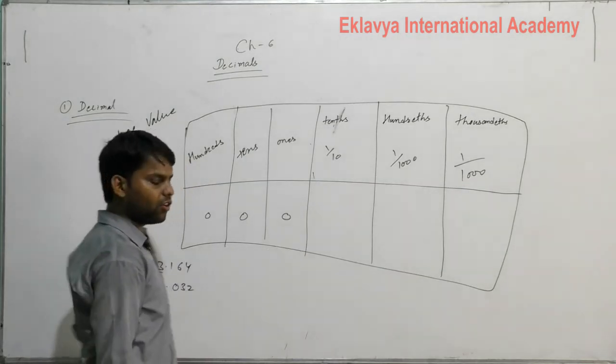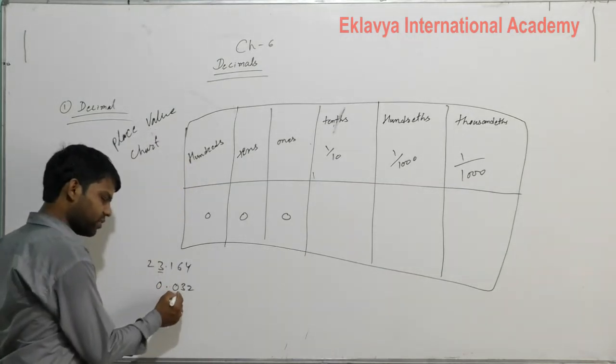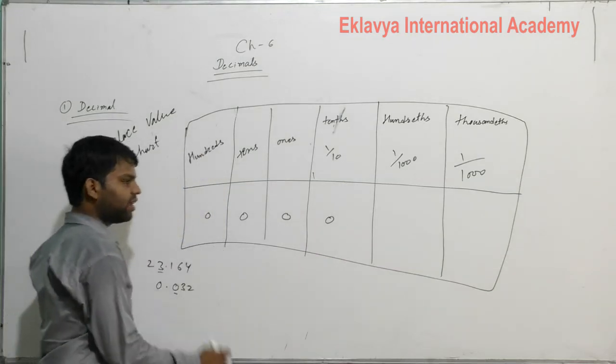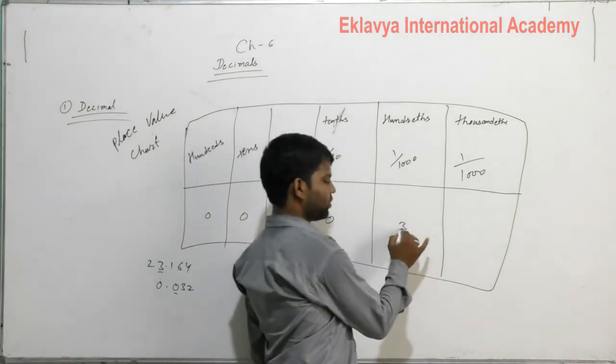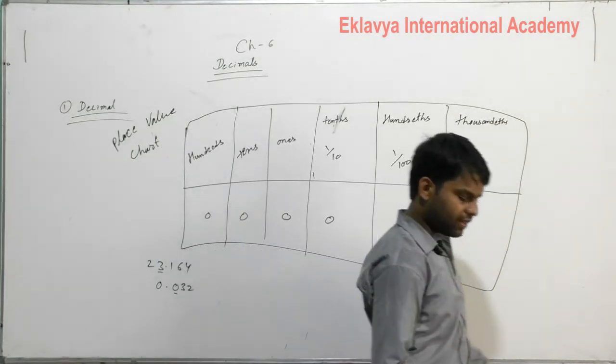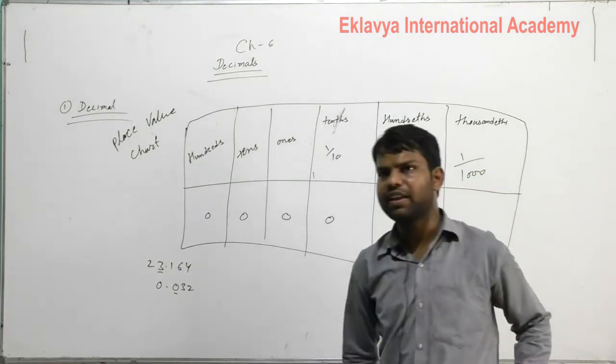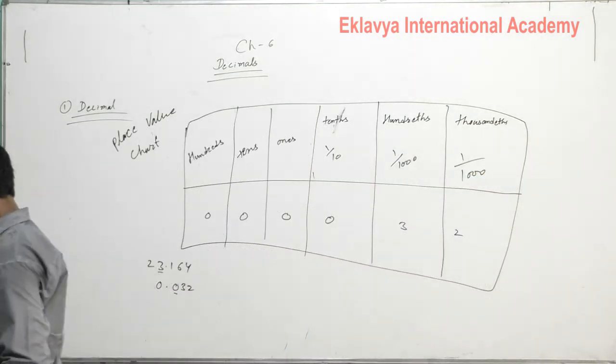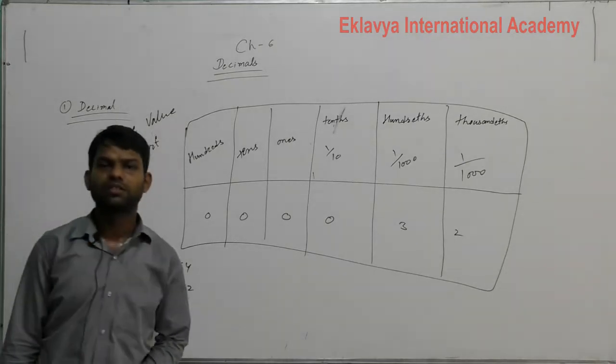After the decimal we have again 0 at tenths place, then 3, then 2. So like this we can represent any numbers in the form of a place value chart.